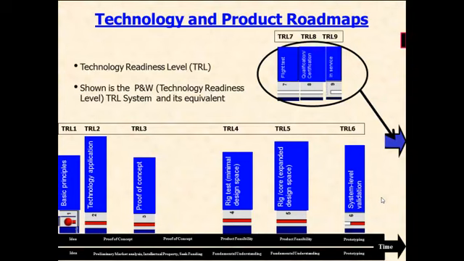In this case, you measure the stage of the technology, or technology maturation stage, which we call technology readiness level. Here's an example for Pratt & Whitney, which is a technology readiness level system, and its equivalent down here. These are terminologies used by Pratt & Whitney, and this is kind of generic product development or technology development.